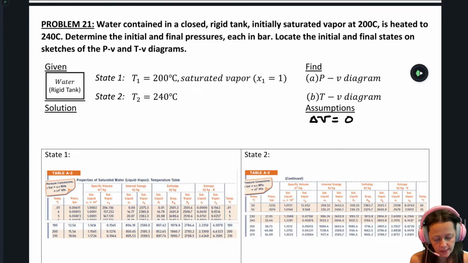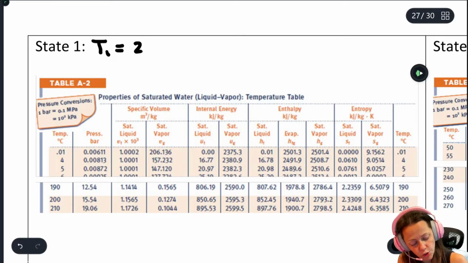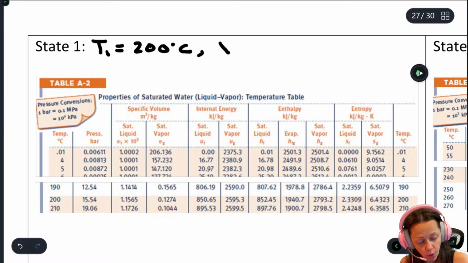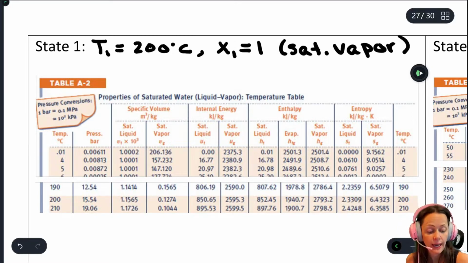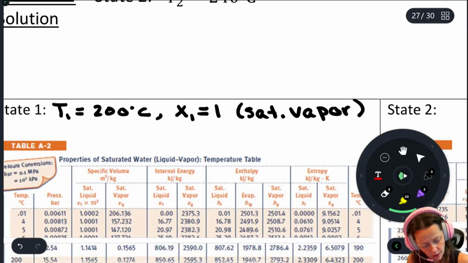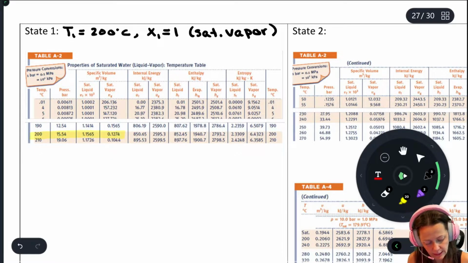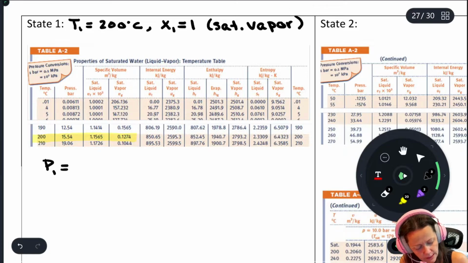All right. So at state 1, of course, I'm going to go to my saturated tables. Because I know that T1 is 200 degrees Celsius, and they told me point blank it is a saturated vapor, I also know that the quality is 1, right? Going to my saturated tables, at 200 degrees Celsius, I know what my P1 is because it's a saturated vapor.